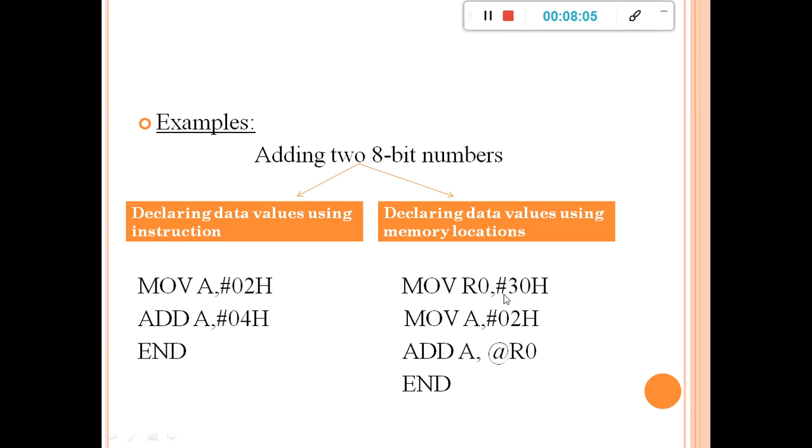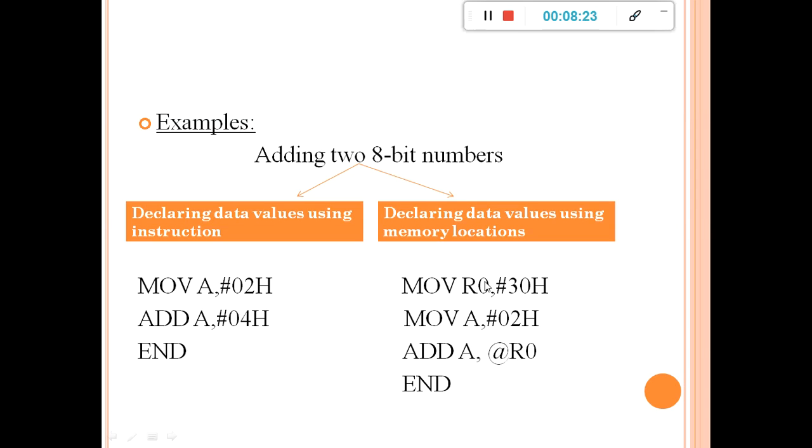Now 30 becomes the address. Whatever content is inside it is added with the accumulator, and the final result is stored in the accumulator. This is how you write a program in indirect addressing mode.